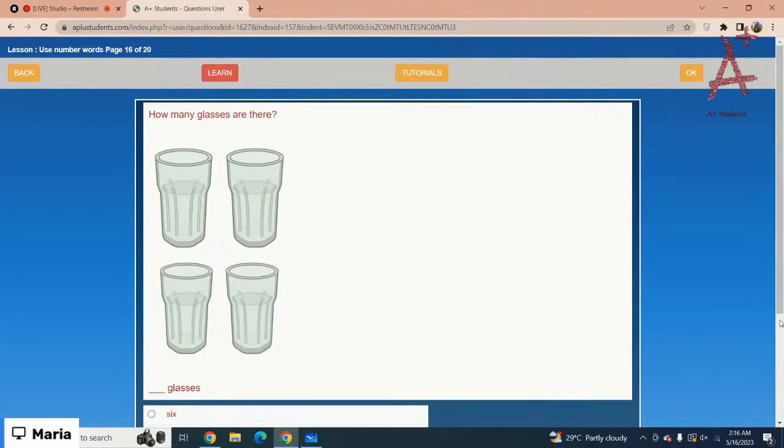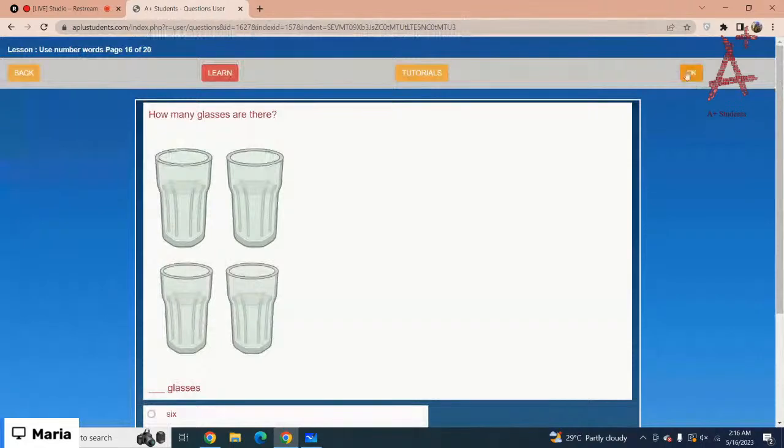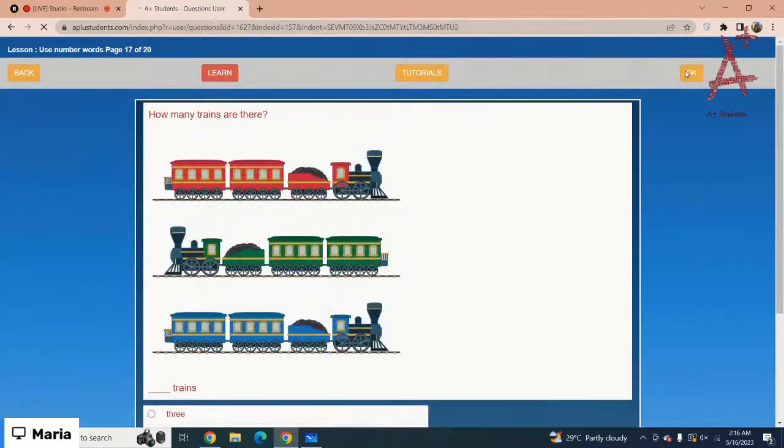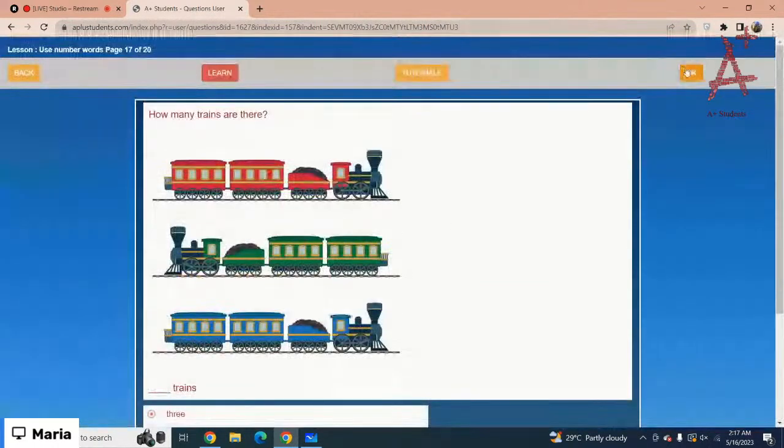Just four glasses. The correct option is four. How many trains are there? Yes, just three trains. Sorry, not eight. The correct option is three.